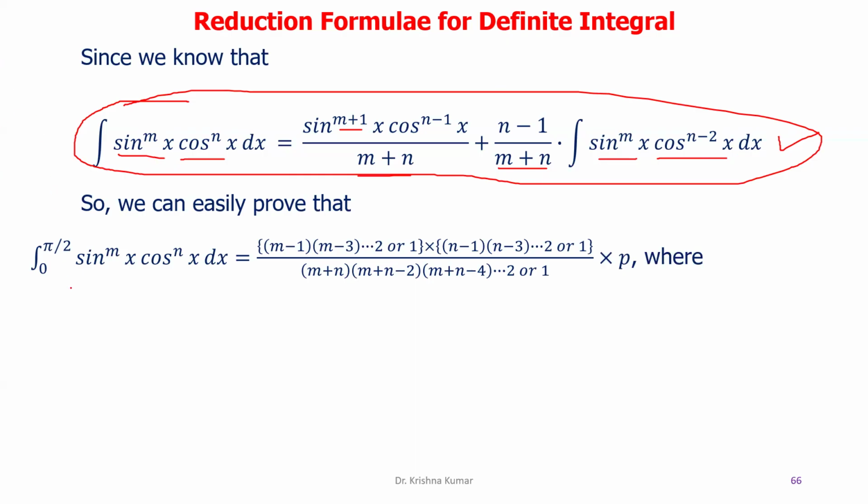Integration of sine to the power mx cos to the power nx under the limit 0 to pi by 2 with respect to x is equal to m minus 1, m minus 3, m minus 5, m minus 7, and so on. The last factor is either 2 or 1, depending upon the value of m. This is multiplied with n minus 1, n minus 3, n minus 5, n minus 7, again ending with 2 or 1 depending on whether n is even or odd.